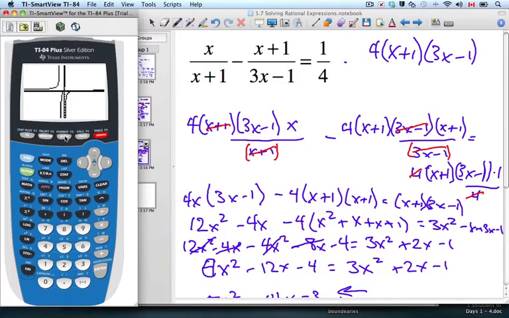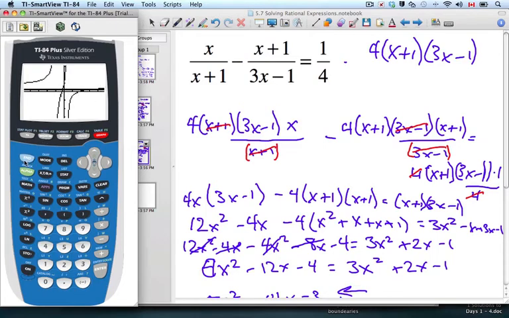So let's change our window. A quick change of a window is number 4, and that just zooms in a little bit to see what's going on. All right, and so if I look at my window settings, that goes from -5 to +5. And so I'm looking at, here's one of my answers going to be here, and it looks like another answer is going to be around here somewhere.